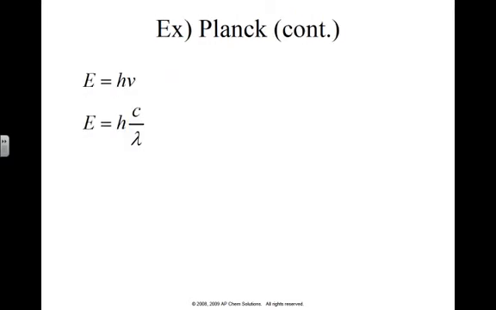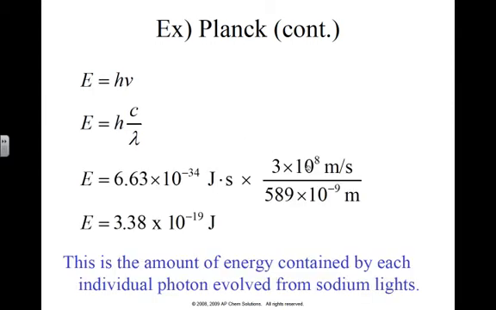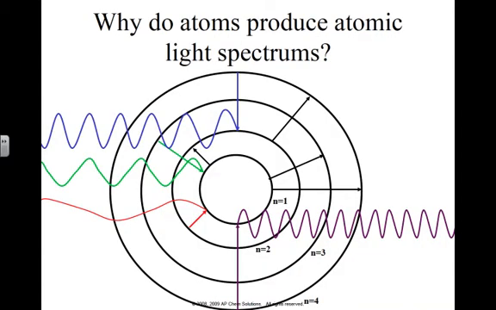So the first thing I'm going to do is take my speed of light and divide it by the wavelength. That's going to get me frequency. Take that frequency, multiply it by Planck's constant. That gets me energy, 3.38 times 10 to the negative 19th joules for every one photon.